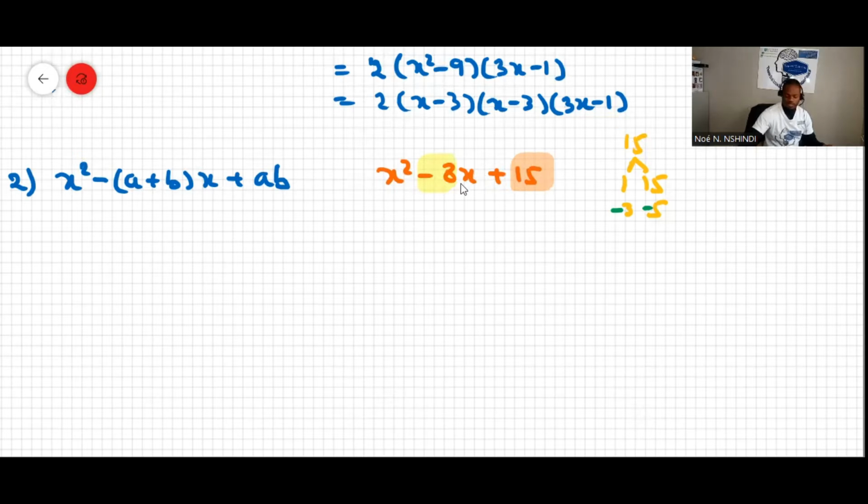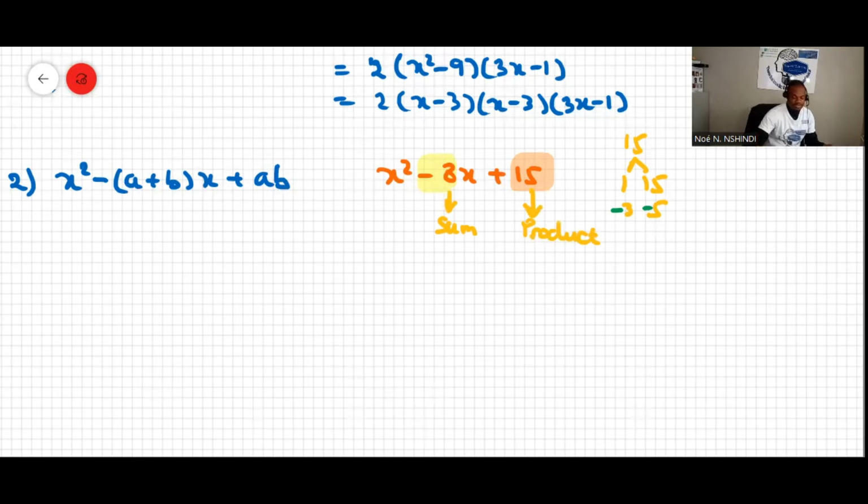So this is the sum, and that's the product. Now just an example to show what's happened here. If you look at the coefficients, this is the sum of the factors, and this is the product.